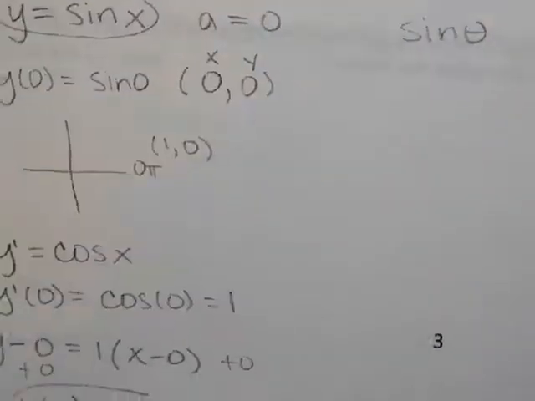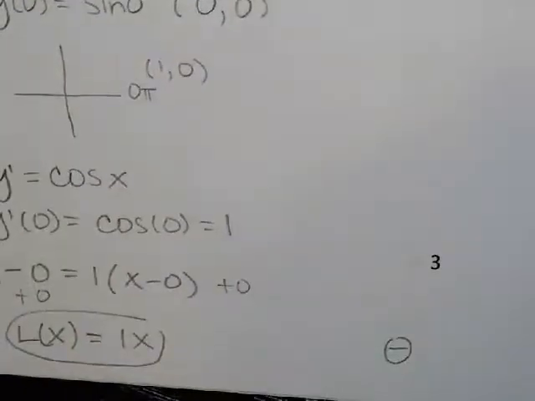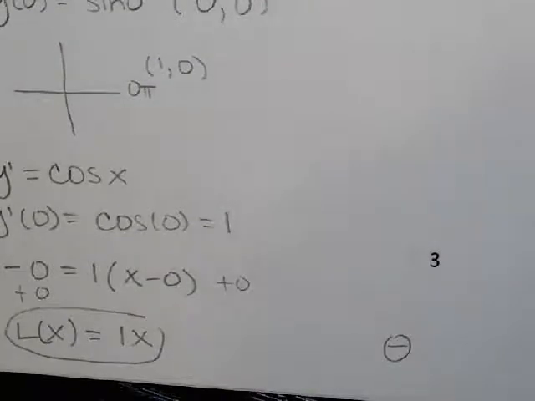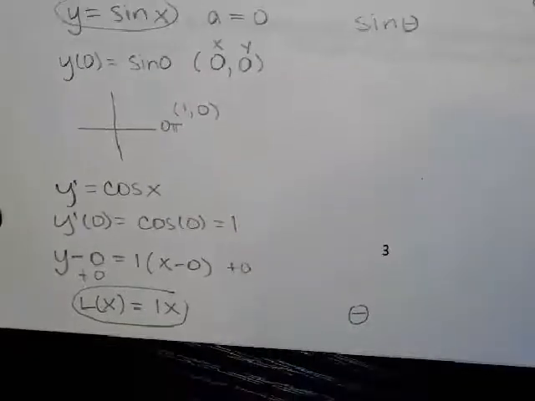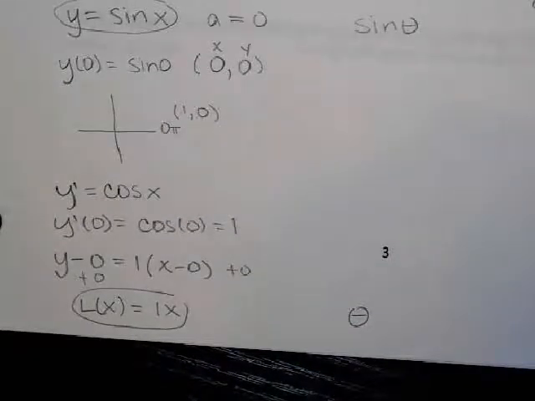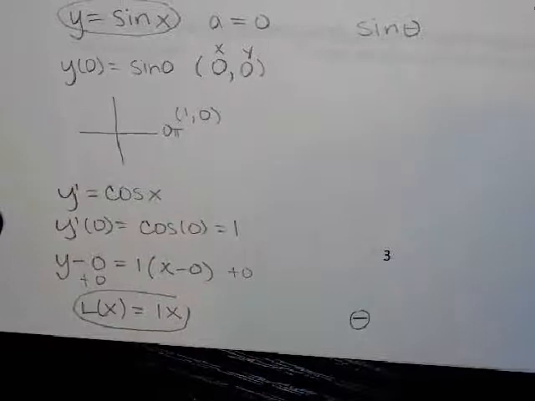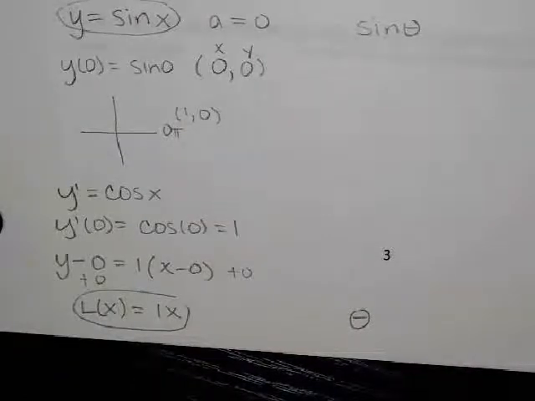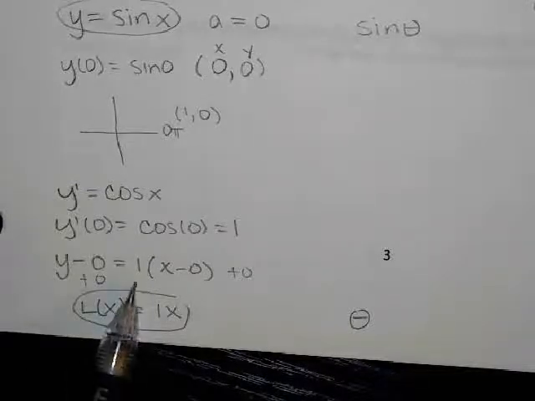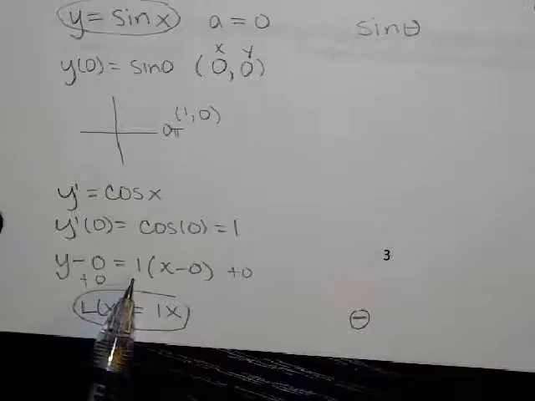Okay. Can we explain why? Because the derivative is what? 1 when the x value is 0. That's why.